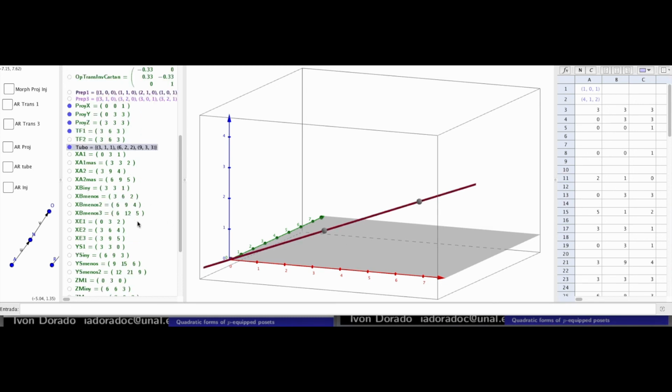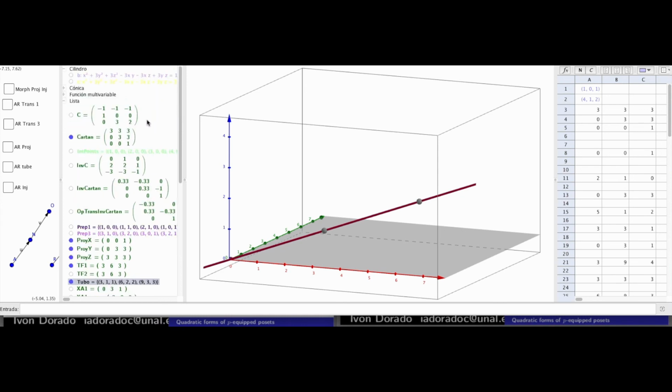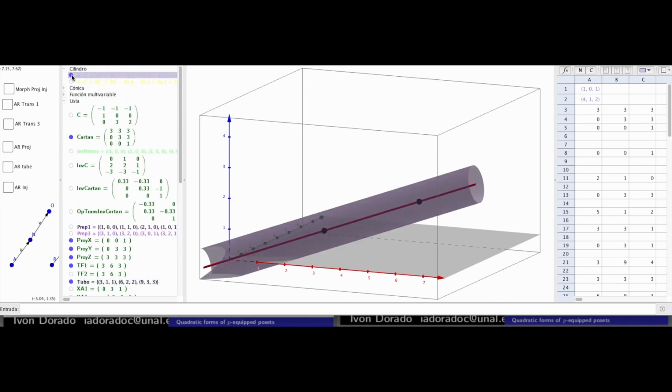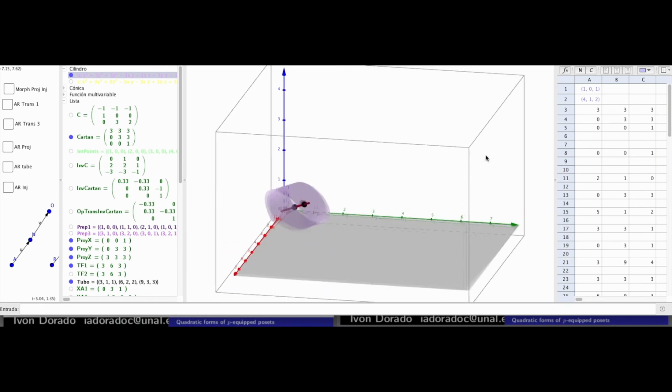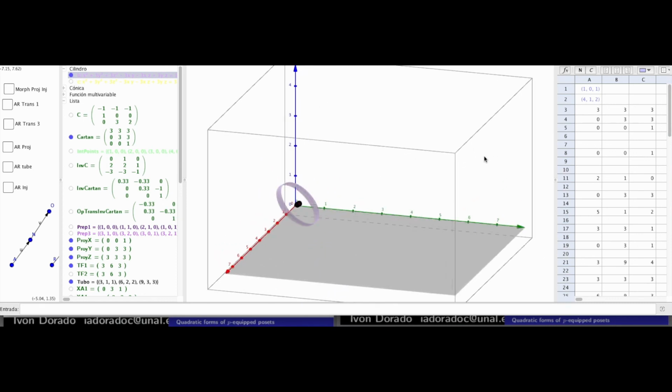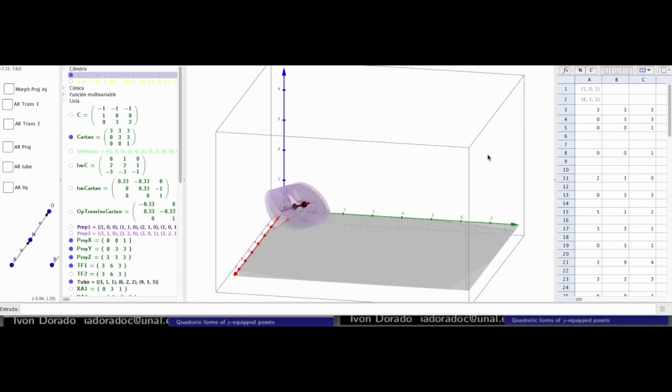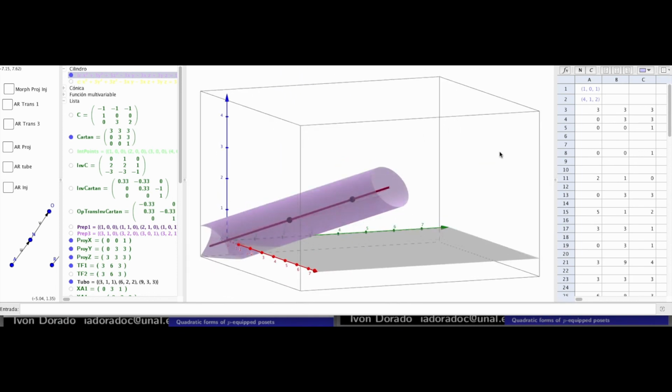Now let me consider the quadratic form equal to 1, this polynomial equation. The graphic is this tube, which is not a perfect cylinder because it is somehow elliptic. And on this tube we can consider the points with natural entries, those in purple, in violet.